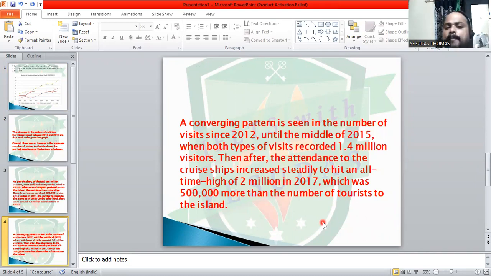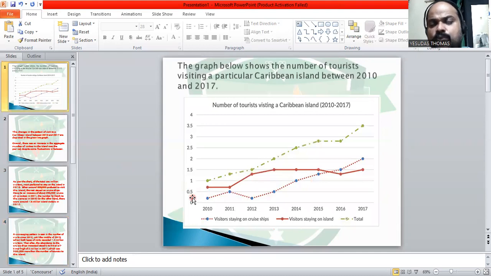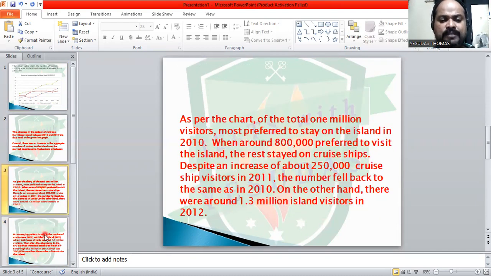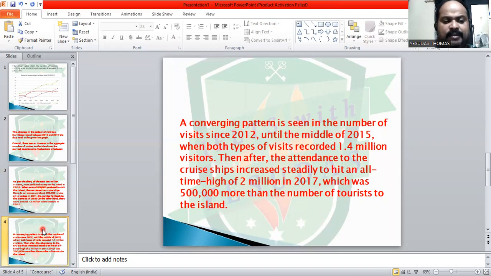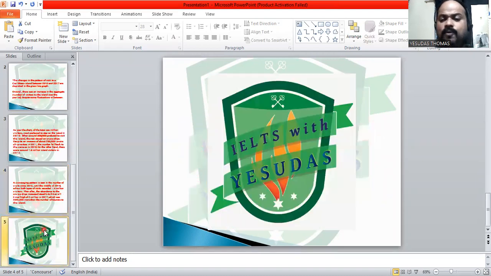So we have picked up the specific, the most important data from the picture, and we have presented it in two specific paragraphs. The first specific paragraph, the second specific paragraph. And that's the end of the explanation.